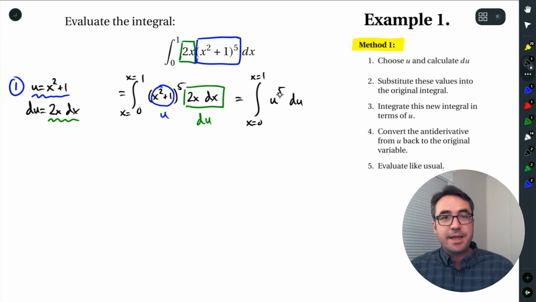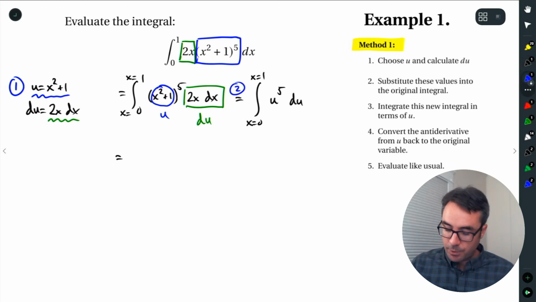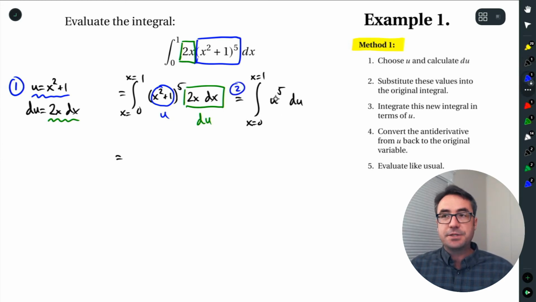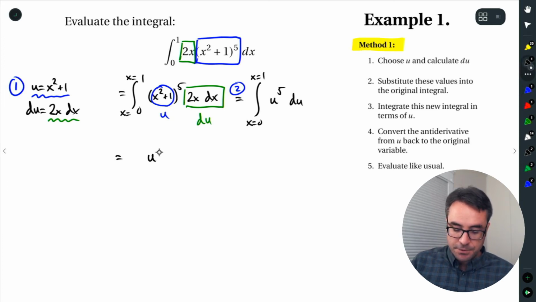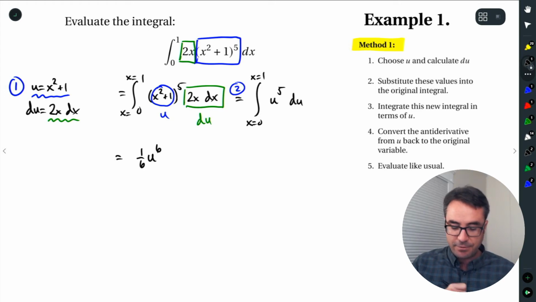Now we find the antiderivative. That was step 2 in our work. Now step 3, find the antiderivative. This is the power rule. Our variable is u. We add 1 to the exponent, which takes us up to 6. Take that new exponent, flip it, and put it in front, so we have a 1 over 6.